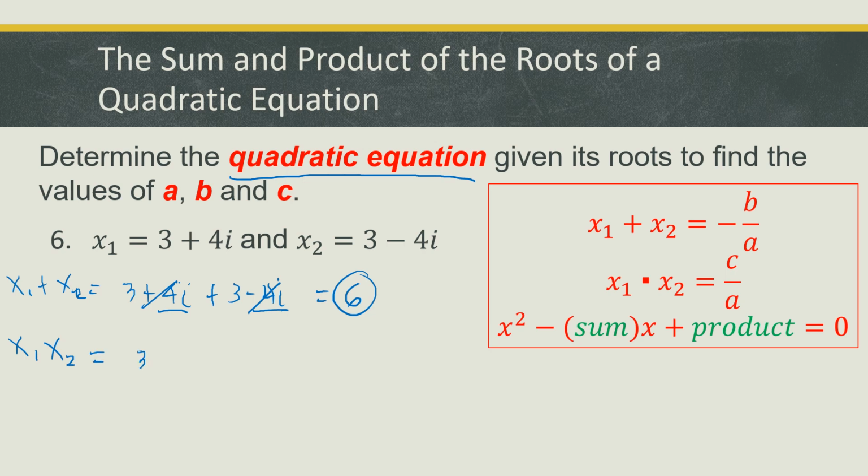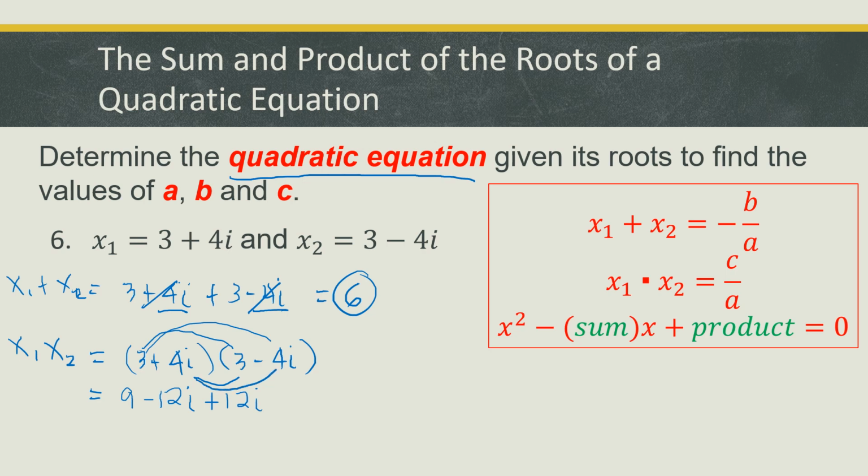We have 3 plus 4i multiplied by 3 minus 4i. Using the FOIL method again, because it is a binomial, first 3 times 3, we have 9. 3 times negative 4i is negative 12i. 4i times 3 is positive 12i.